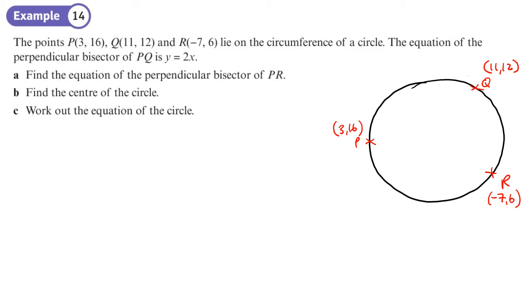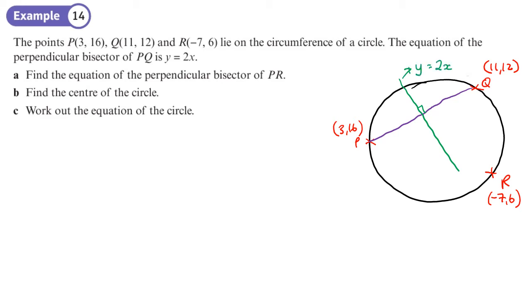And we're told that the equation of the perpendicular bisector of PQ, so PQ is this line here, its perpendicular bisector, this line, like that. Oh, that's a bit off. Let's try and draw that a little bit better, and in a different colour. This perpendicular bisector here, its equation is y equals 2x.